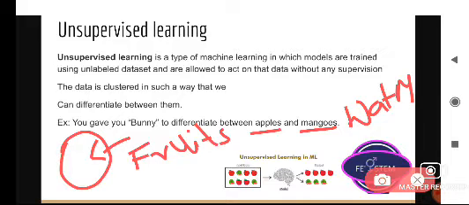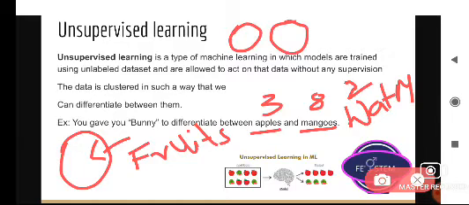So you have around 3 apples, 8 mangoes and 2 watermelon. What will happen? The machine is going to differentiate between them. What is the normal approach? That is the color, the size and the texture.